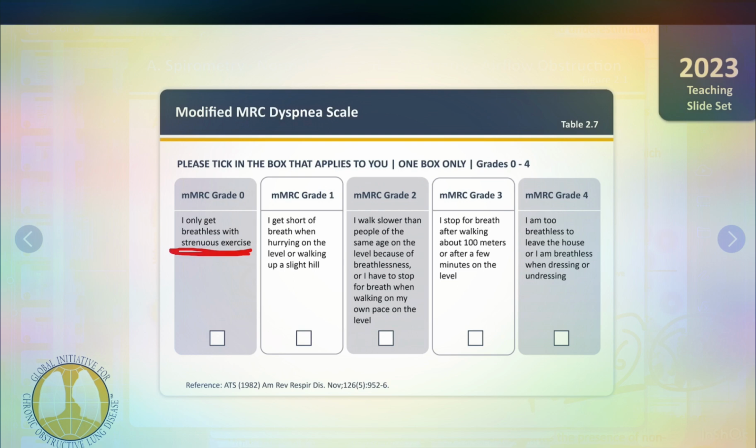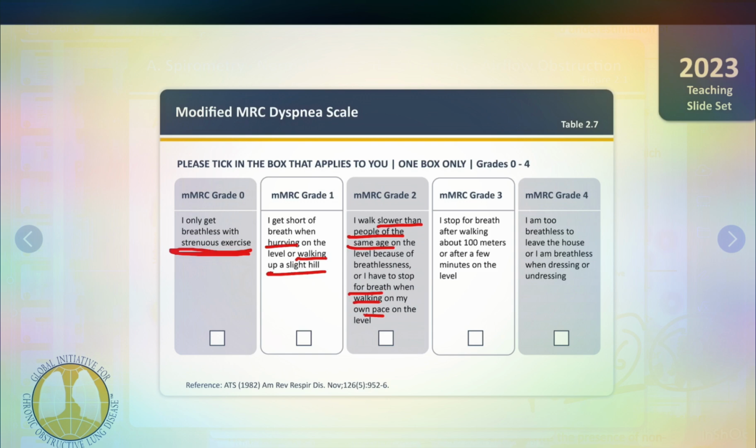Grade 1 is dyspnea on walking slightly uphill or hurrying on the level, meaning if somebody is going uphill and having dyspnea, then this is mMRC grade 1. What is grade 2? Grade 2 is when the person walks slower than people of the same age group, or has to stop for breath while walking at his or her own pace.